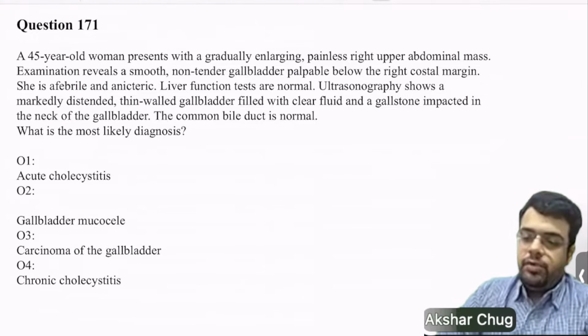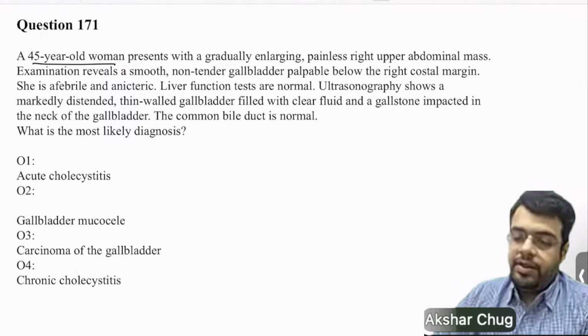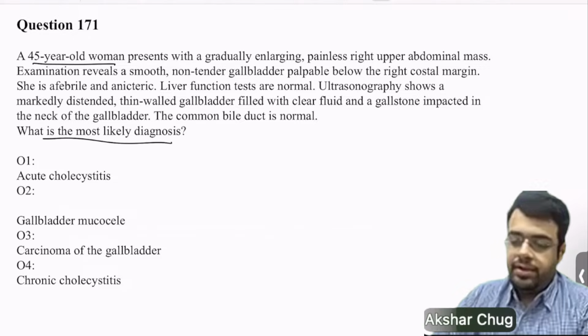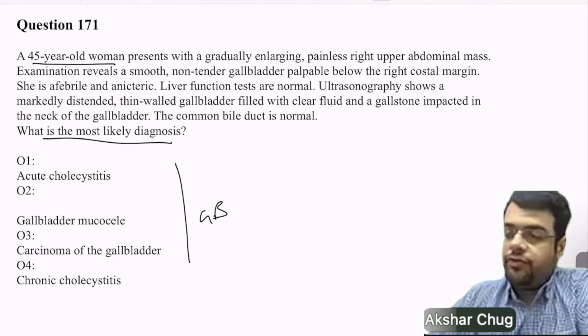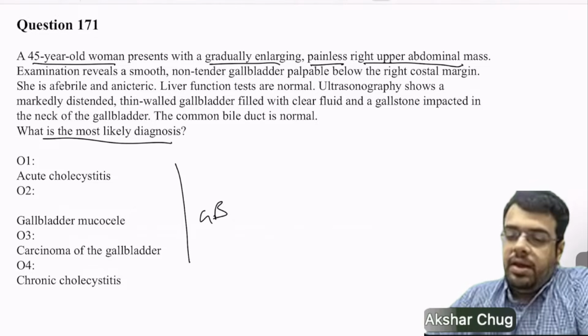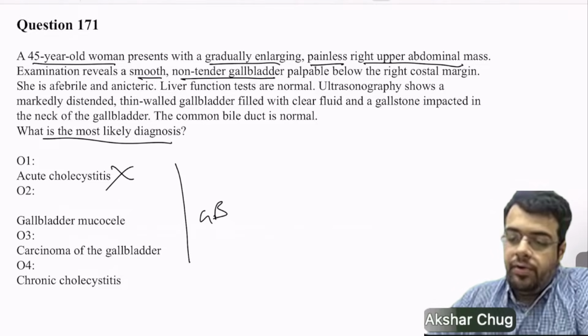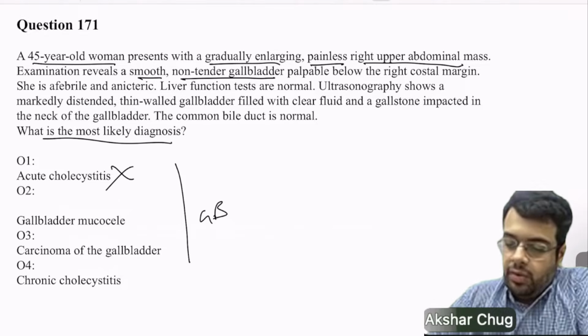A 45-year-old woman. Okay, so first we'll see what's being asked. We are asked the diagnosis, again of the gallbladder. A 45-year-old woman presents with a gradually enlarging, painless right upper abdominal mass. Examination reveals a smooth, non-tender gallbladder. Again, non-tender will rule out acute cholecystitis, right?